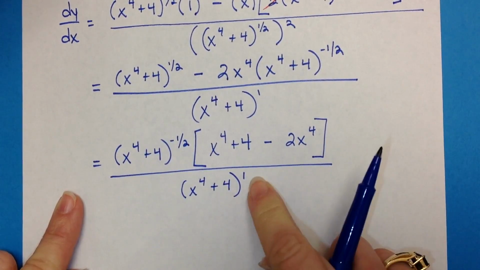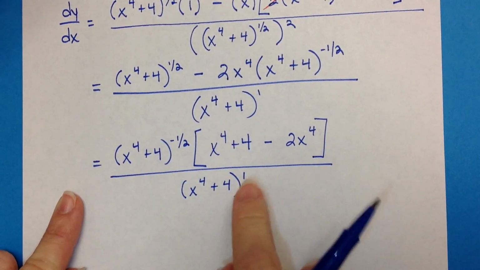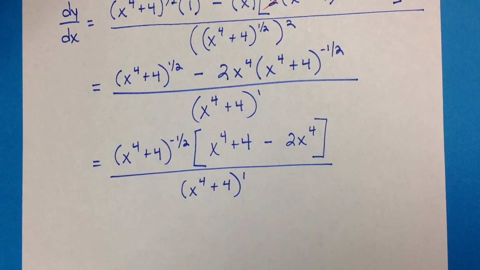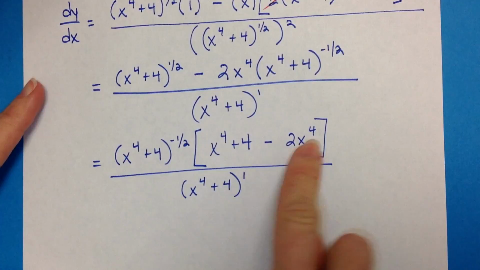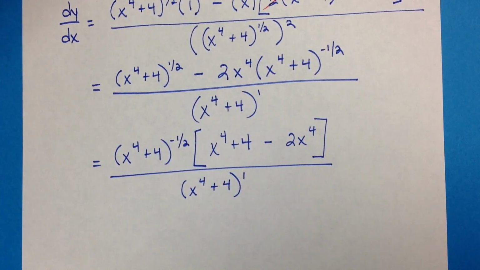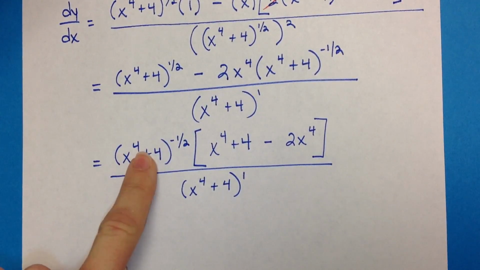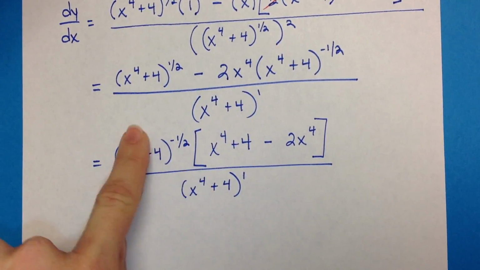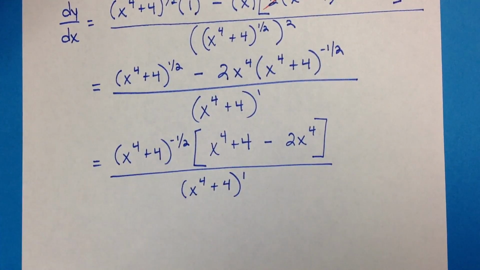Okay, I'm going to still put this 1 here because we're going to need to remember that that is an understood 1 in just a second. Okay, you will be able to combine like terms in here, which I'll take care of in just a second. Now, the reason why you definitely had to bring this out front is because this is the same as this, and now you can do some reducing with that.